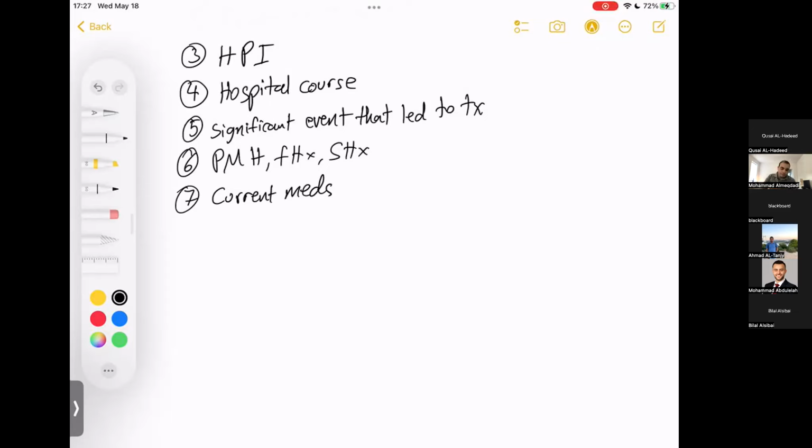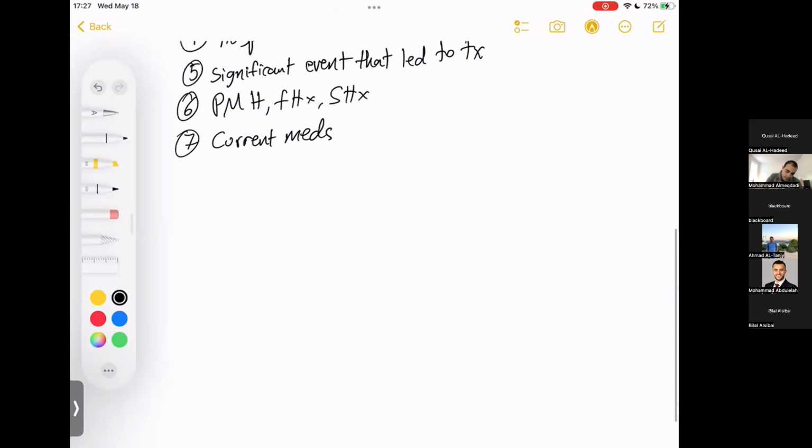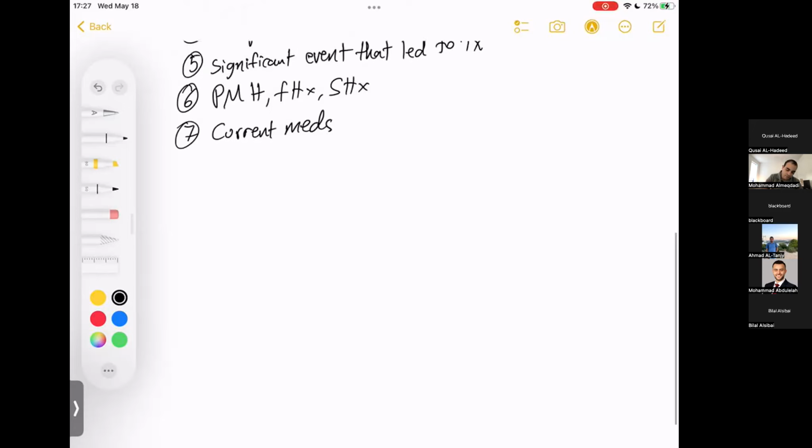And this is going to be all the antibiotics you have them on, whatever home medications you have them on, just like a laundry list of all the medications that the patient is currently on. This current meds is similar to home medications while you're admitting a patient. This is not going to be home medications. This is going to be current medications that the patient is currently on.